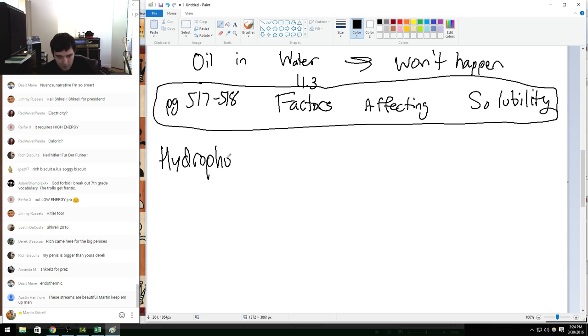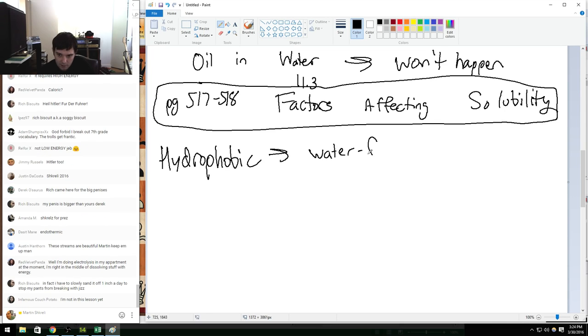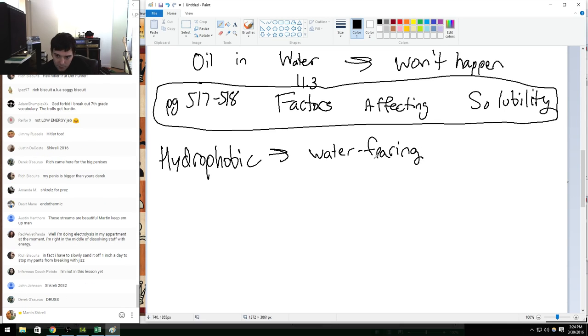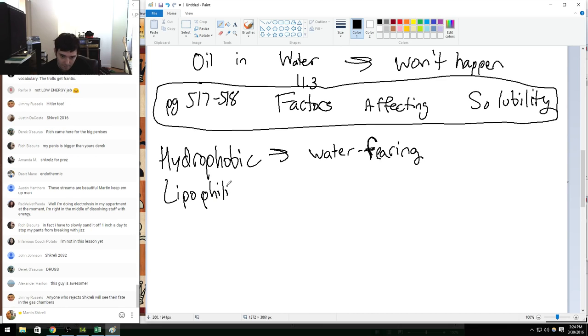We'll learn the concept of hydrophobic, which means water-fearing. And this is going to be an extremely important term for you to fully understand as you get into pharmaceuticals. Water-fearing. And lipophilic means fat-loving. And generally anything that's water-fearing will be fat-loving.